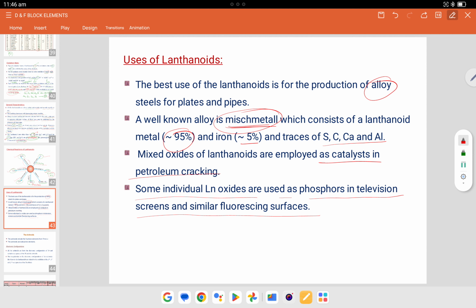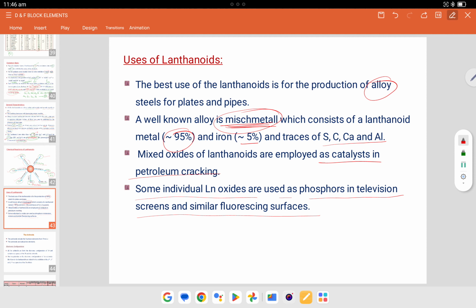Use of lanthanoids: the best use of lanthanoids is for the production of alloy steels, plates and pipes. The well-known alloy is Misch metal. One time this question came: it consists of a lanthanoid metal 95% and iron 5% and traces of carbon, sulfur, calcium and aluminium.